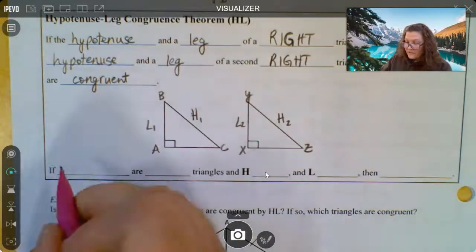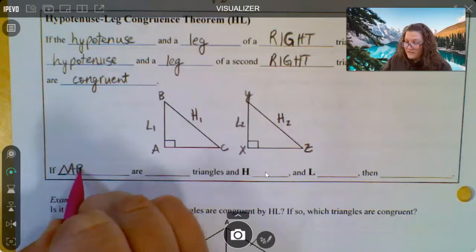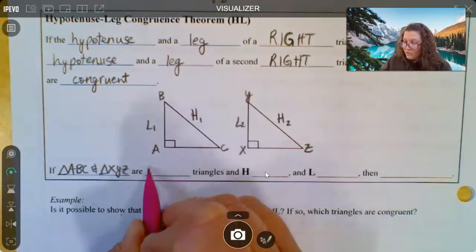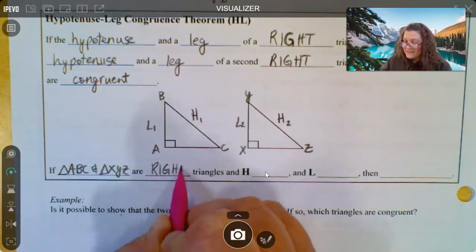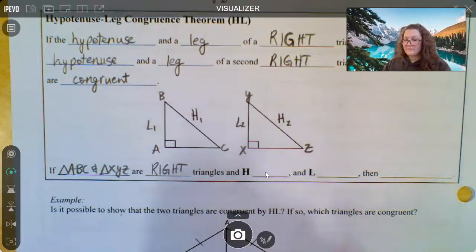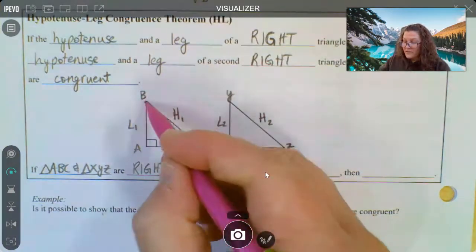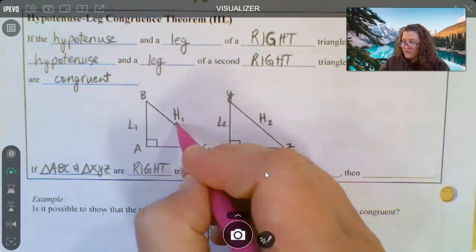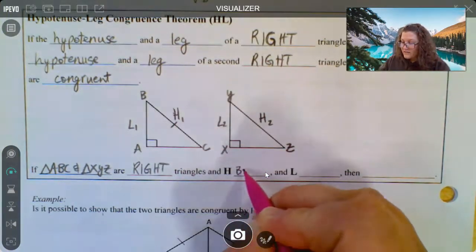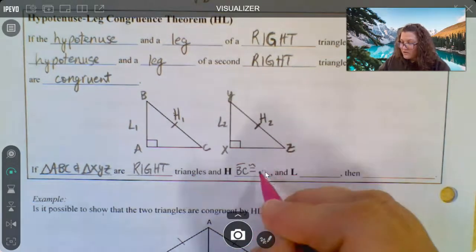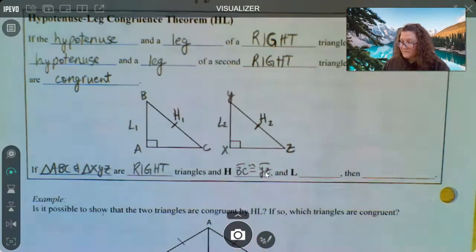Okay, so if triangle ABC and triangle XYZ are right, that's the first thing you got to check. And in the triangles, the hypotenuse, so in the first one, the hypotenuse is side BC, is congruent to the hypotenuse of the second one, which is side YZ.